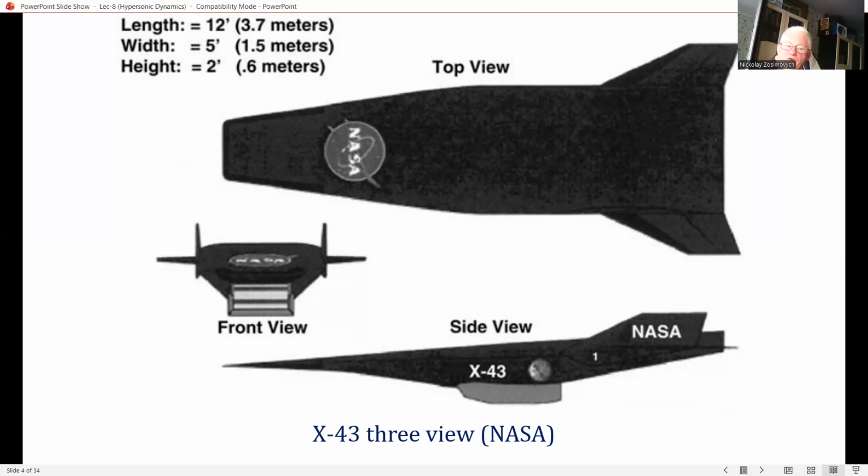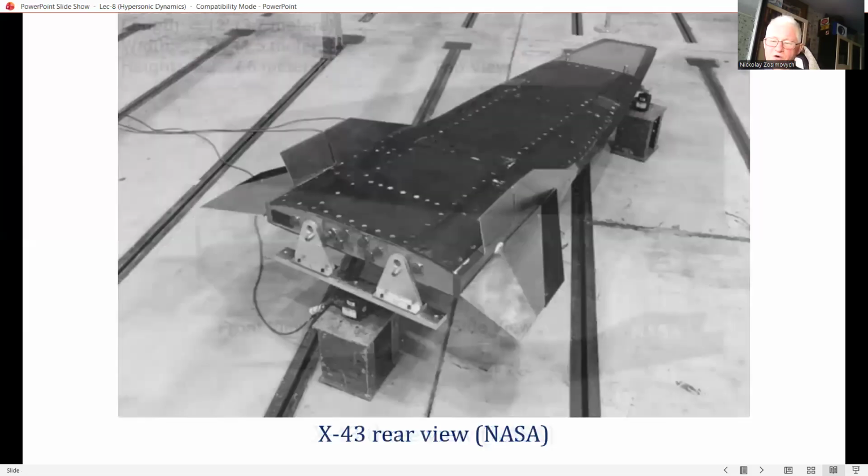A street view of this unmanned vehicle is shown in this slide. The vehicle is about 12 feet in length. A photograph of the X-43 resting on supports in the laboratory is given on this slide.